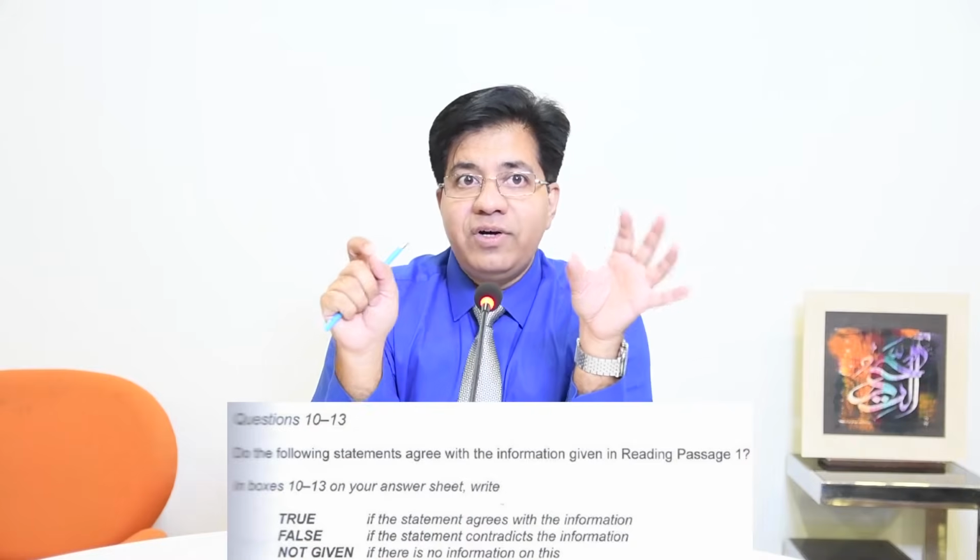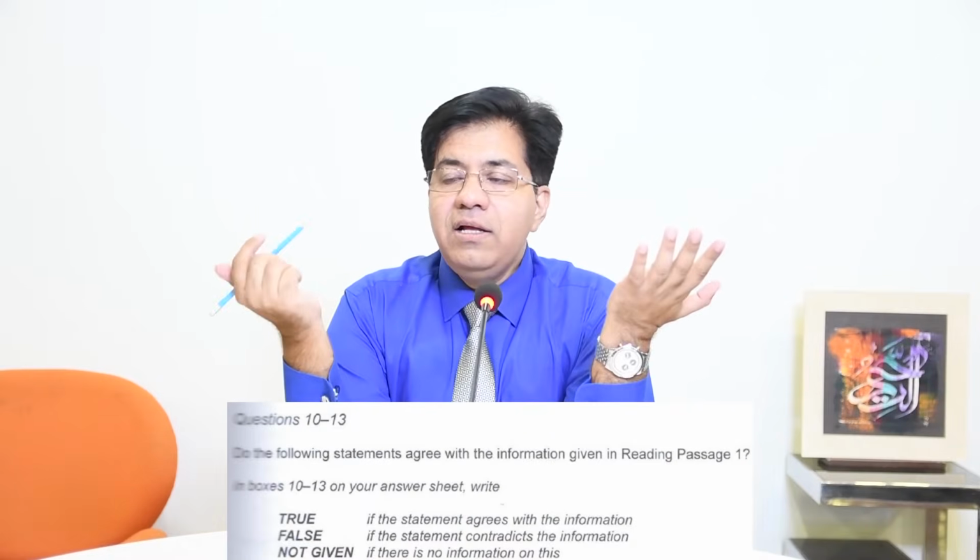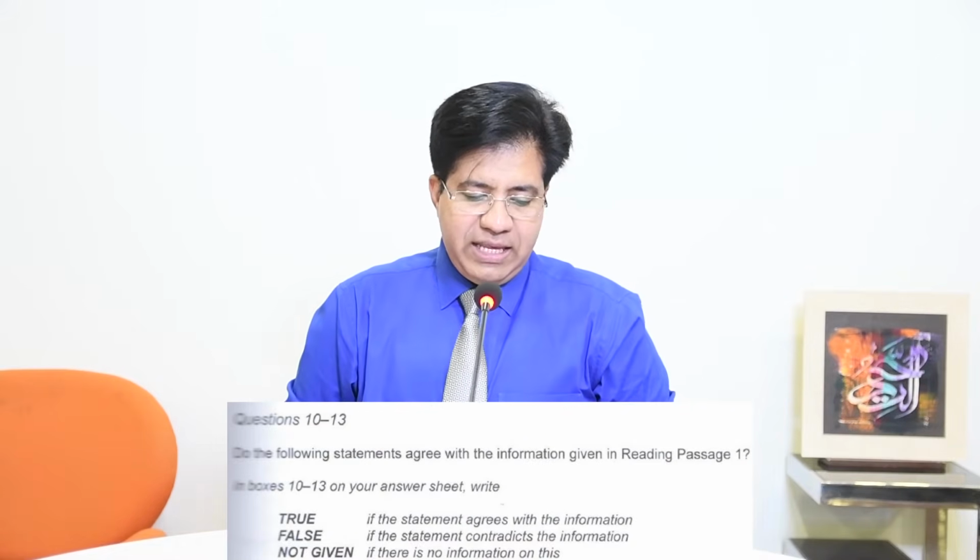Then they don't mention one thing. So in true, false, not given, the whole trick is hidden in the question. It is important to read and understand the question, and in the question you need to highlight one word or one phrase which is going to decide the answer as true, false, or not given. I'll tell you how.